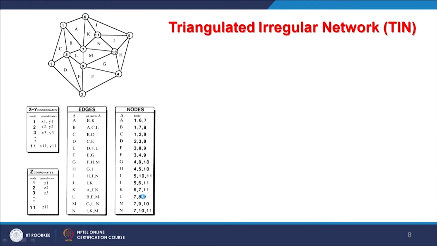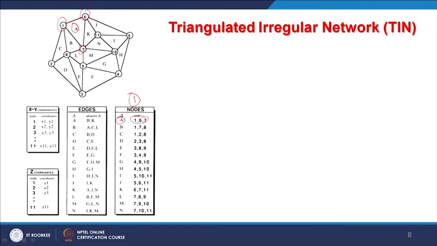The first one which we discussed was the node table. As you can see, there is a list of triangles and all the nodes which are constructing that triangle. If I take this example, triangle A is made from three nodes: 1, 6 and 7, and this is what you see, 1, 6 and 7.